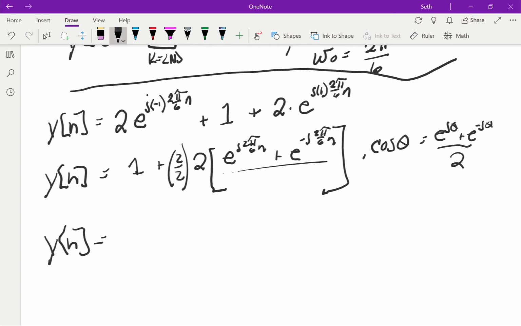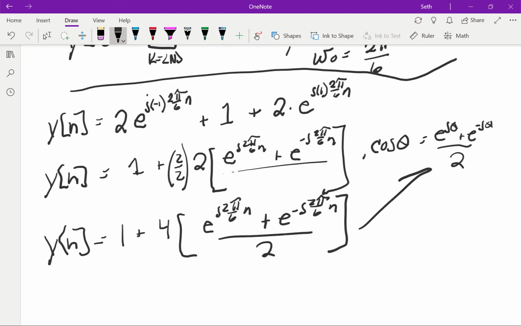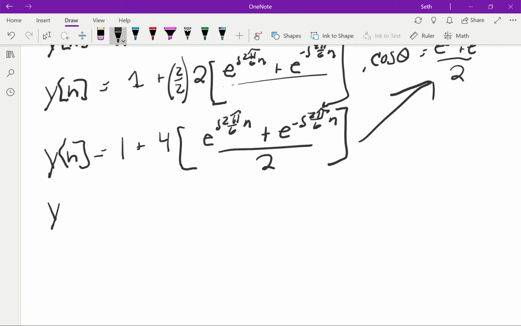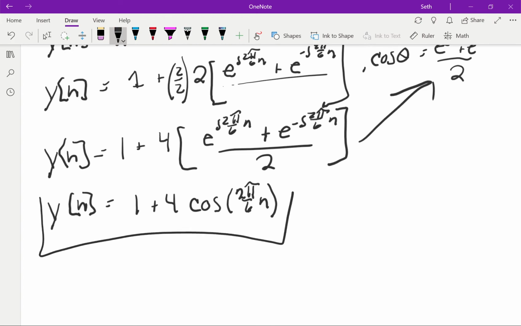We would get 1 plus 2 times 2, which is 4, times e to the j 2 pi over 6 n plus e to the minus j 2 pi over 6 n, divided by 2, so that's just cosine. 1 plus 4 cosine of 2 pi over 6 n. Okay, that's the final answer.